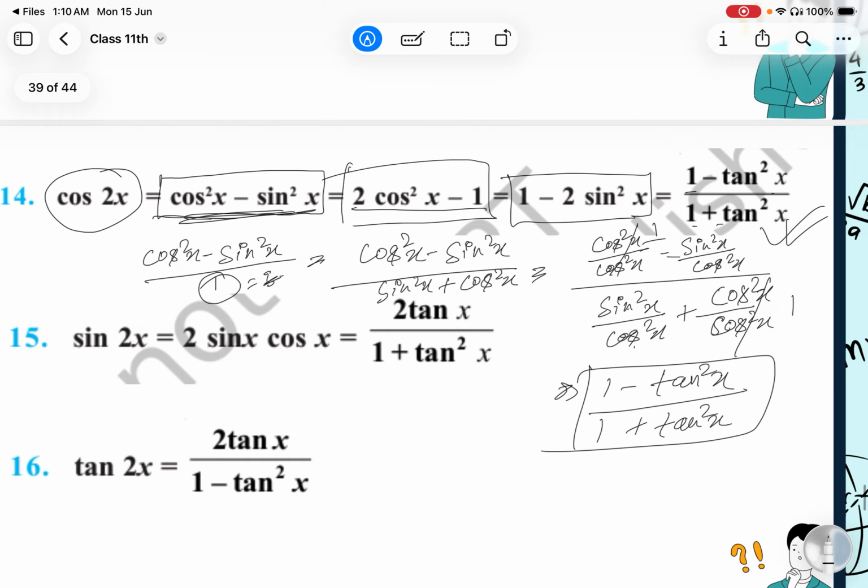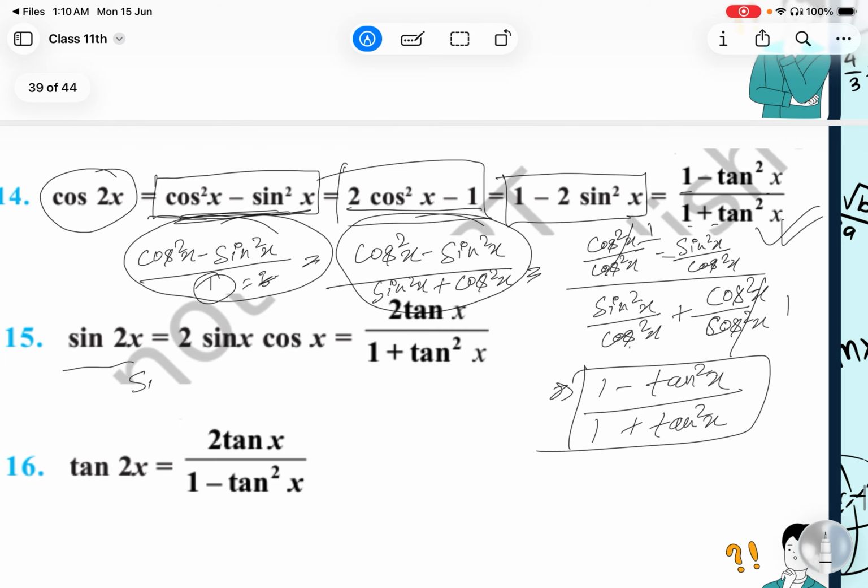Okay, now we have sin 2x, and you have to do the same thing that we did in this. We have to make it like sin(x plus x). Now sin x cos x plus cos x sin x.